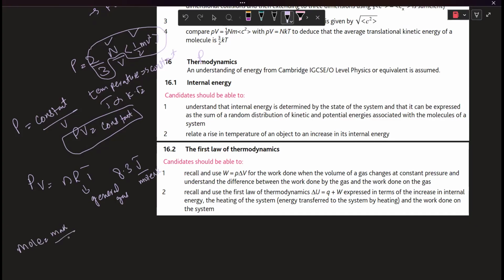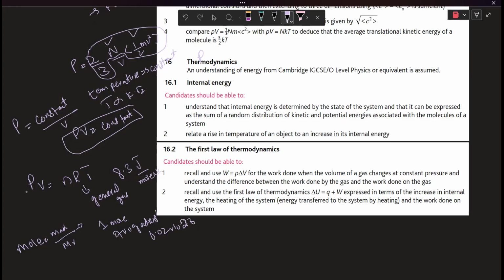Mass of substance over molar mass. And 1 mole of every substance contains equal number of atoms, molecules, ions, and everything, and is equals to Avogadro's number. What is Avogadro's number? 6.02 × 10⁻23.